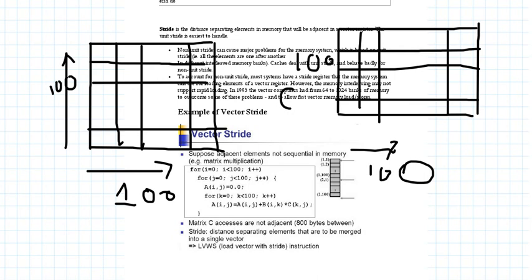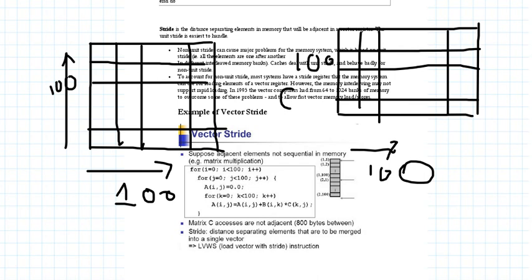If you look into the loop variable for C, it is specified by k and j. That means row index is k and column index is j.